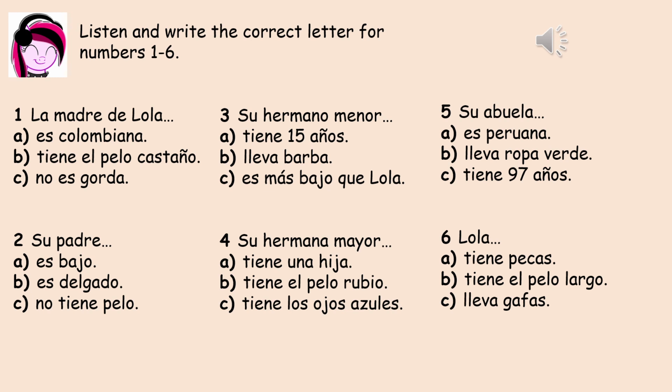Tiene 79 años y siempre lleva ropa amarilla porque es su color favorito. 6, ¿Y yo? Yo soy pelirroja, con el pelo largo y ondulado. No tengo pecas y tampoco llevo gafas.